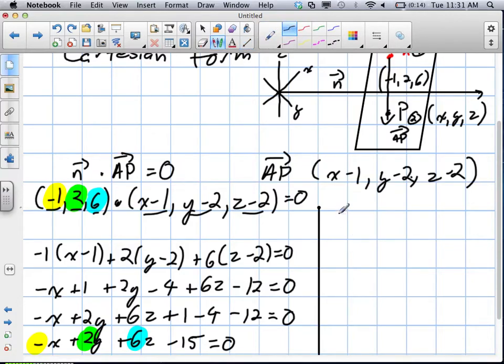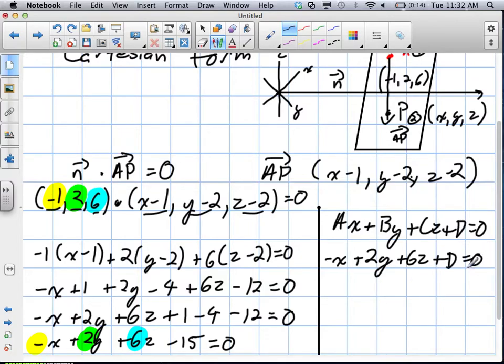So if we had Ax plus By plus Cz plus D equal to 0, we knew the A value would be -1, so we have -x. The B value is 2, so 2y. And the C value of the normal is 6, so 6z plus D, which we don't know, is equal to 0. Our x, y, and z now represent any point or coordinate along this plane.